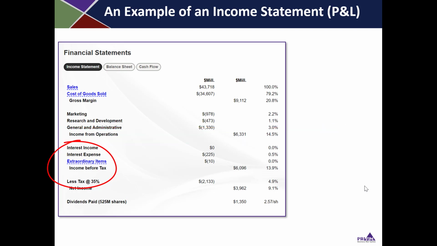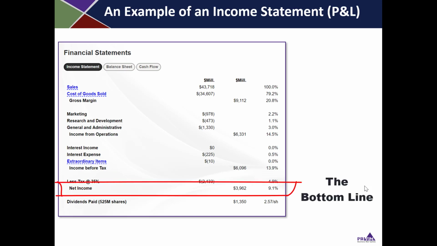Then you see the interest income and expense line. This is interest on loans that we've taken, or it could be money that we make from investments. Then income taxes are subtracted, again after business expenses are taken out. And you're left with net profit, or the bottom line, which in this case, the net margin is 9.1%.